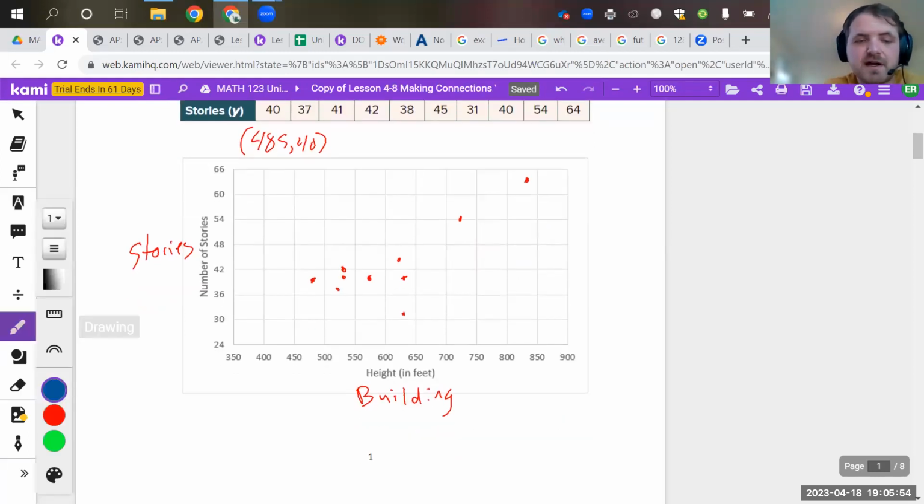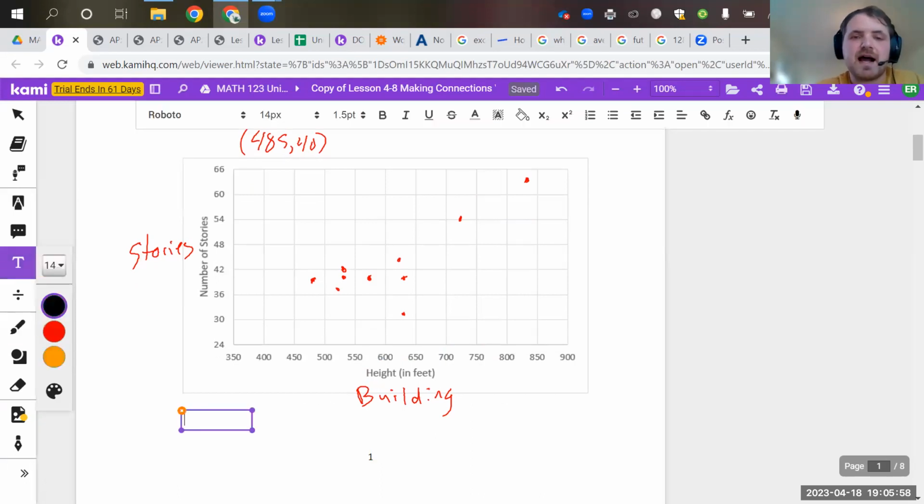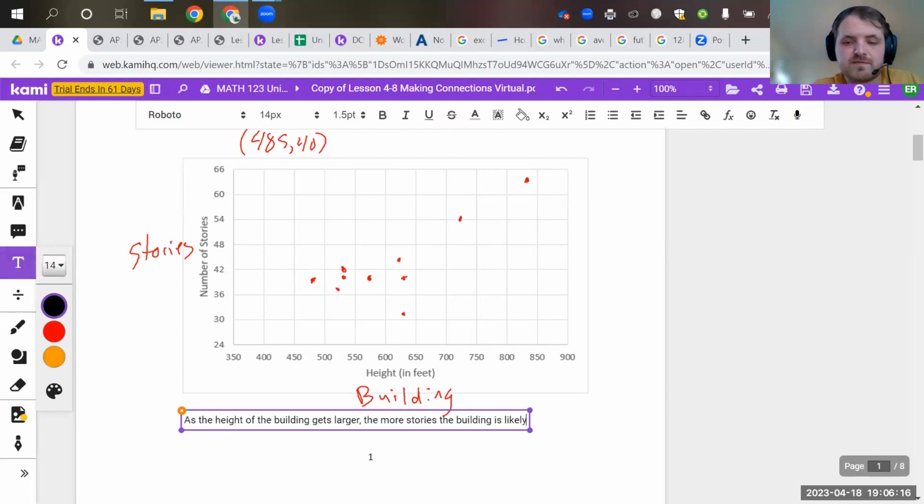I would phrase it along the lines of: as the height of the building gets larger, the more stories the building is likely to have. Something along those lines is great.